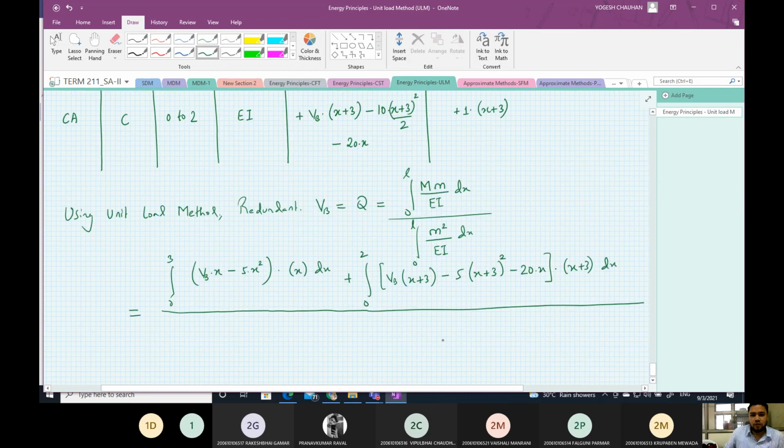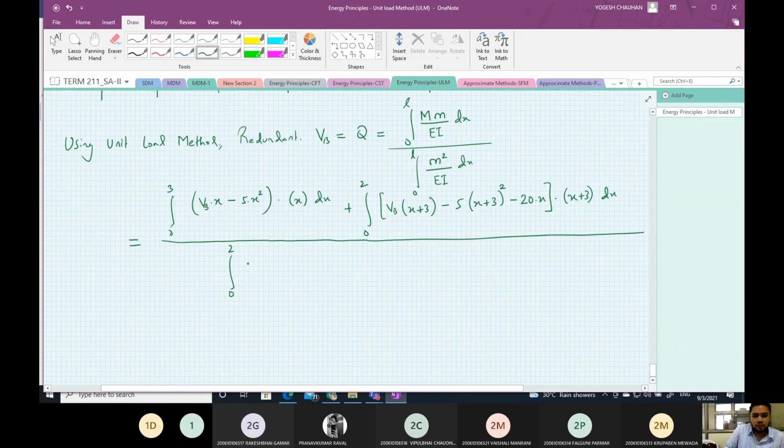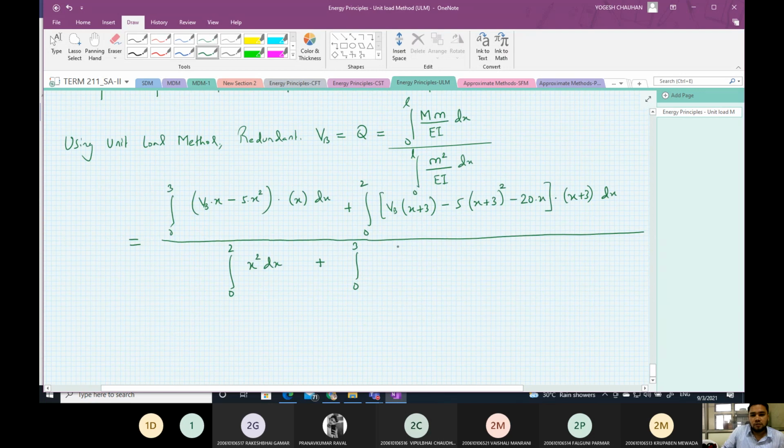Now this whole divided by the integration of m square dx. So integration 0 to 3 of m into m; for this case it will be x into x, so x square dx, plus integration from 0 to 2 of x plus 3 into x plus 3, that is x plus 3 whole square dx.